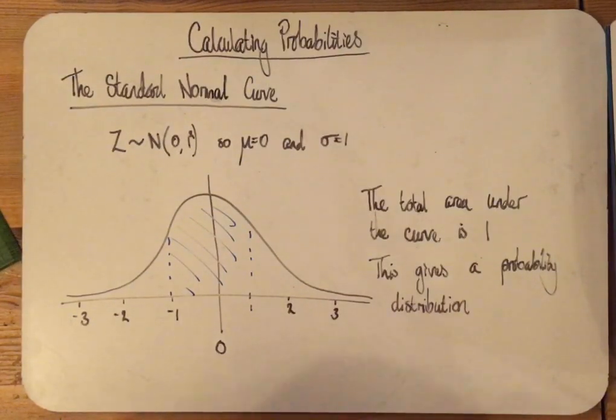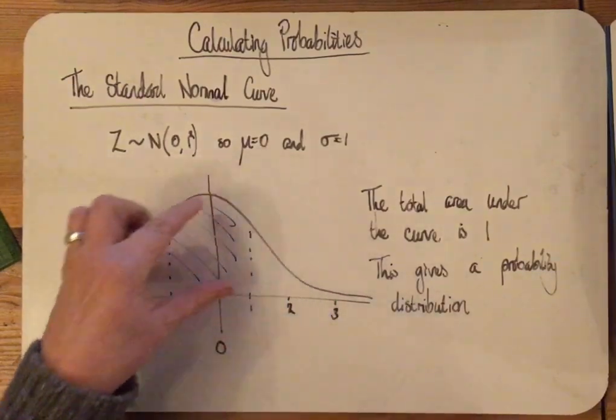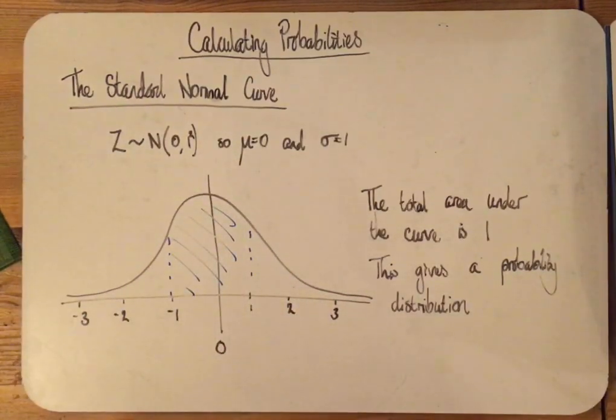The total area under the standard normal curve is 1, and so this actually gives a probability distribution. So you can use the amount of area between your values to represent the probability, and that's the key thing to the normal distribution probabilities actually.